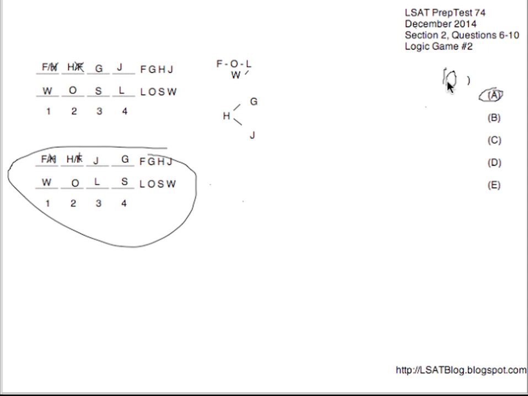Now, let's go back to number 7 for a moment, and we'll see that, what must be true? F earlier than S. Well, has that always happened? It happens in 10's possibilities, but doesn't happen in 6E. F is not earlier than S in that situation, so A is gone.